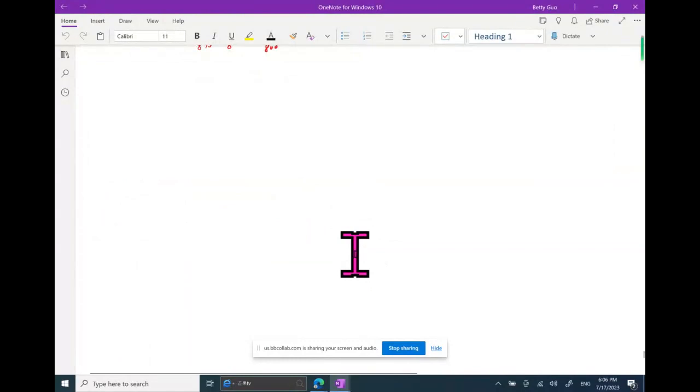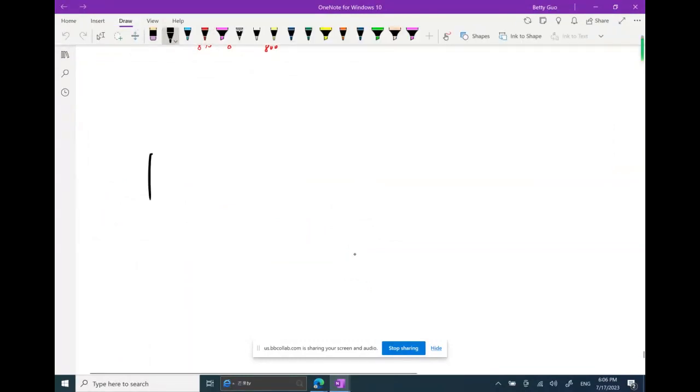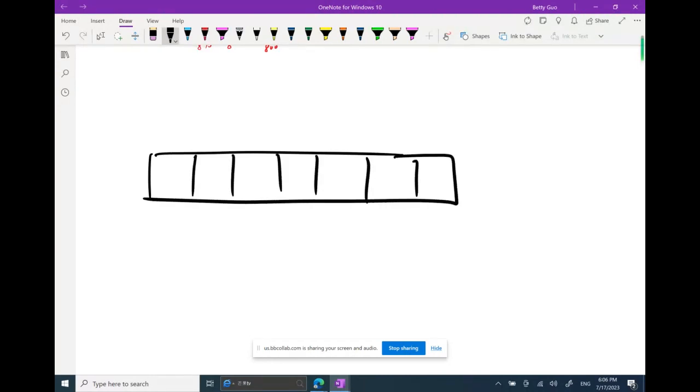So you have 7 people. Let's say you have 7 time slots here: 1, 2, 3, 4, 5, 6, 7. You are going to arrange the 7 people, but you must put Dawn here, Maria here. So you have 3 steps in this task. First step is to put a person in the first slot. You only have 1 option. Second step is to put a person in the last slot. You have 1 option because Maria has to be in the last slot.